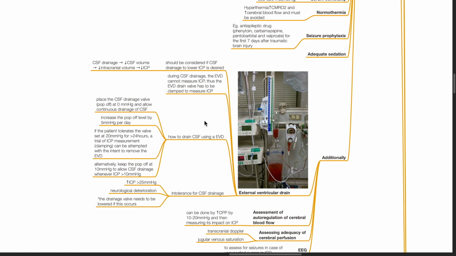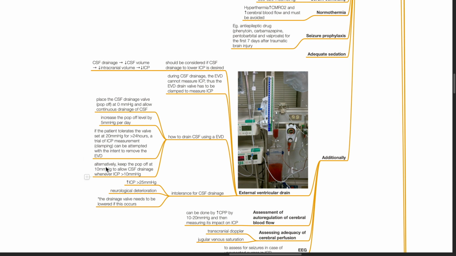To drain CSF using an EVD, place the CSF drainage valve at 0 mmHg and allow continuous drainage of CSF. Increase the pop-off level by 5 mmHg per day. If the patient tolerates the valve set at 20 mmHg for more than 24 hours, a trial of ICP measurement, clamping, can be attempted with the intent to remove the EVD.